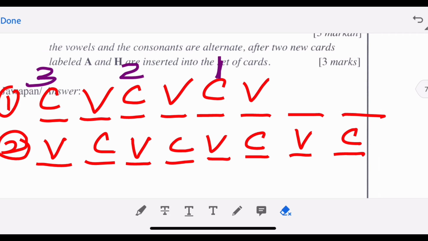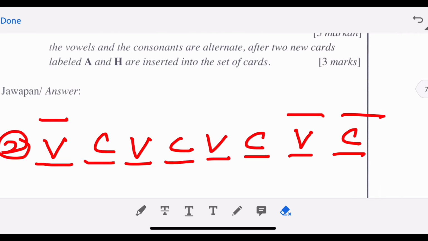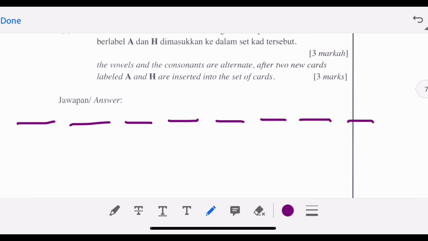And for the vowels we have 5 vowels. So let me write the vowels first. These are vowels, 1, 2, 3, 4, 5. Okay, we are going to have R, H, N, and then H. And this is for consonants.